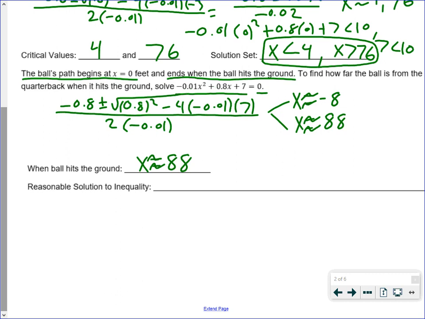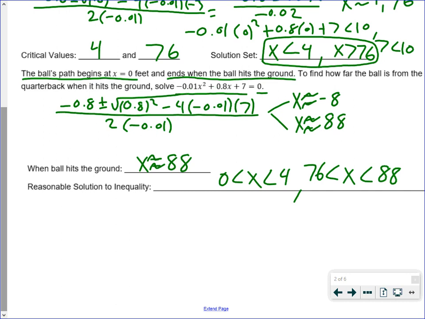All right? So we know x has to be greater than 0, but at the same time, it has to be less than 4. And at the same time, x has to be less than 88, so that's where it ends, and it has to be greater than 76 from our solution set, right?